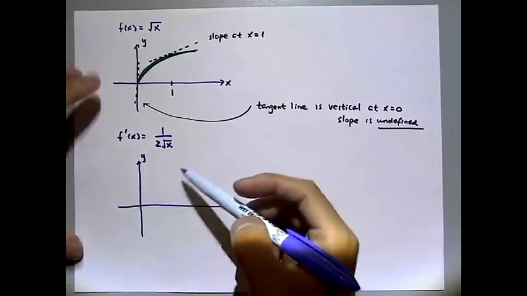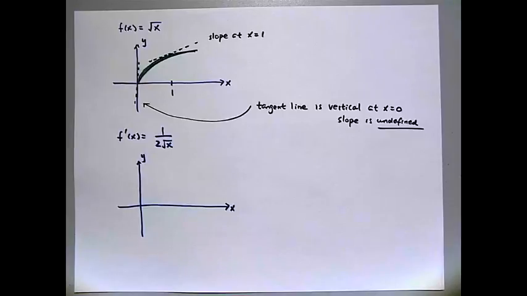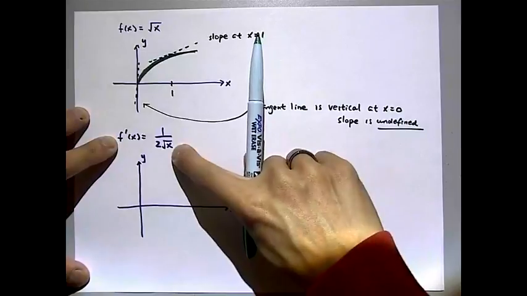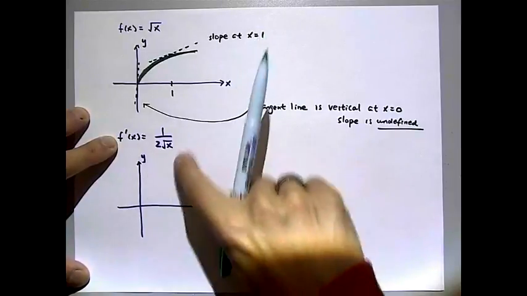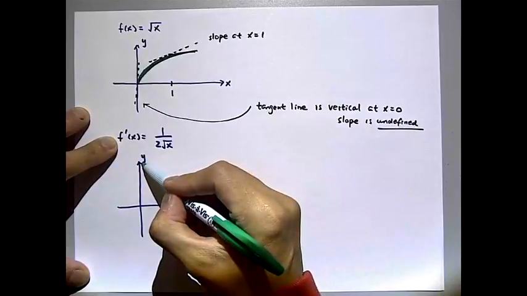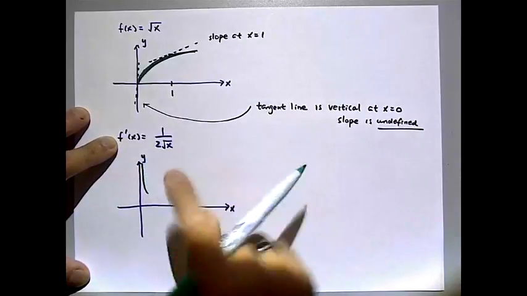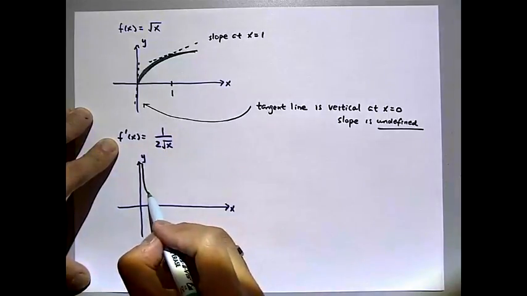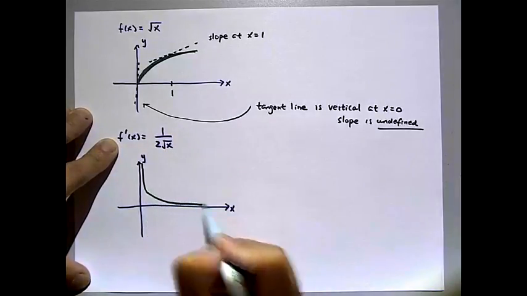If you graph this thing right here, if you just look at this as a function and try to graph it, when x is very small, the denominator is very small, so f prime is very big. It'll be very, very big. And when x is very large, this eventually becomes very small. So it looks something like this.